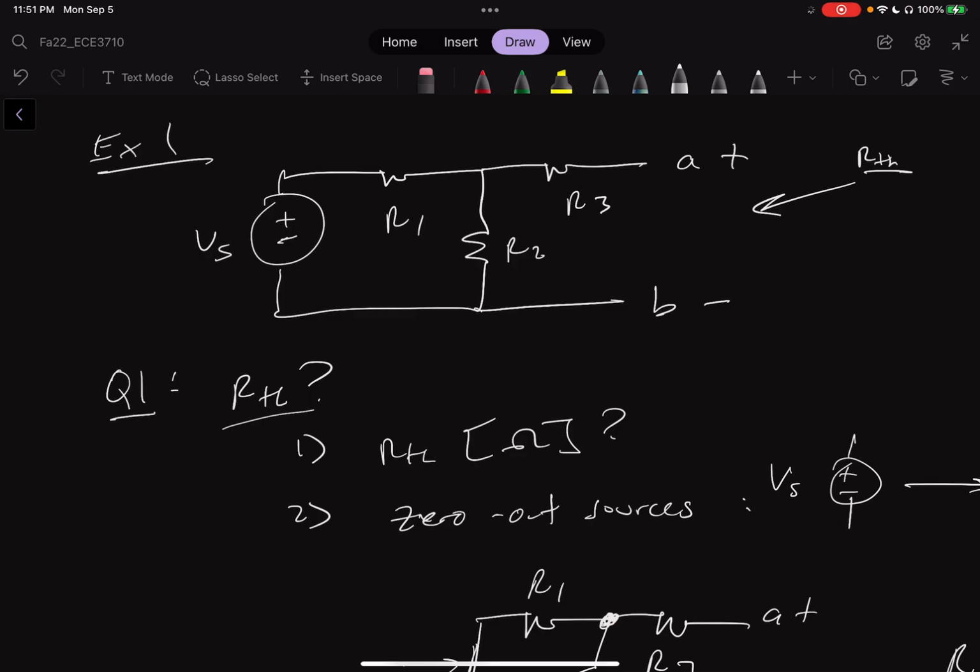That's usually what I do. And then you can decide if you want to go and find Vth Thevenin or if you want to find Isc. Sometimes it's preferred to find Vth Thevenin. Sometimes it's preferred to find Isc. It's whatever floats your boat. But once you have R Thevenin and either or, you can find the missing one. And we already know that Rload is always equal to R Thevenin to maximize Pload.